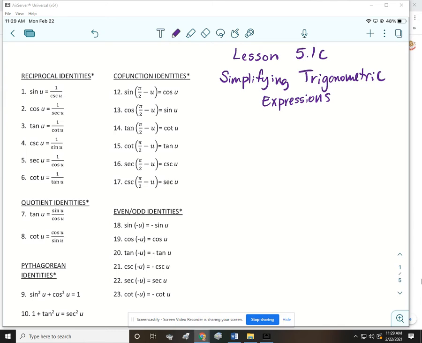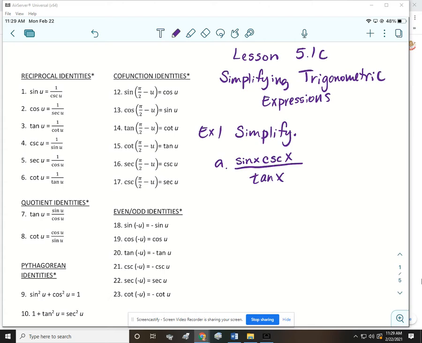All right, so on example 1, our directions are to simplify. For A, we have a fraction. The numerator is sine of x cosecant of x, and the denominator is tangent of x.